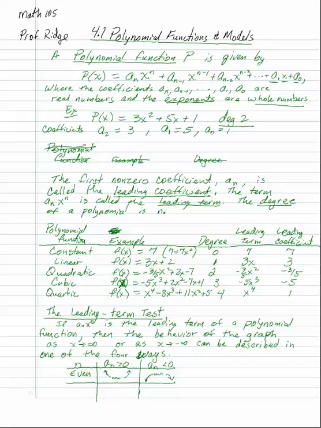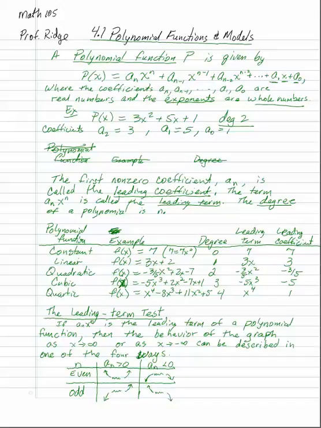And then if the degree is odd, one end is going down, so the negative side's going down, positive side's going up. That's if the leading term is positive. If the leading term's negative, it flip-flops. On the left side of the graph, it's going up. Middle, again, we don't know. And then the right side is going down.